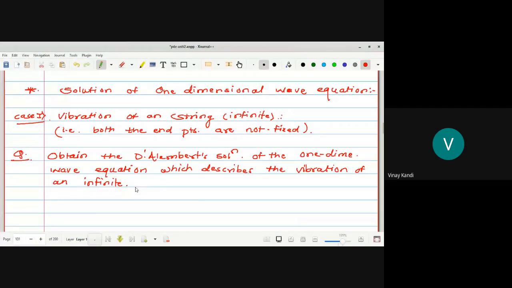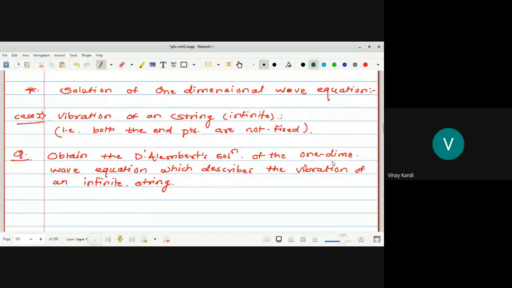Here we have to find the solution of that equation. D'Alembert is the scientist who gave the solution of that one-dimensional wave equation, for the vibration of an infinite string.